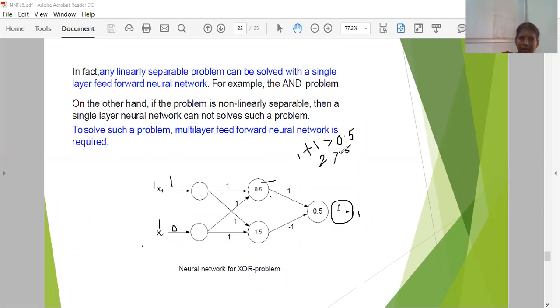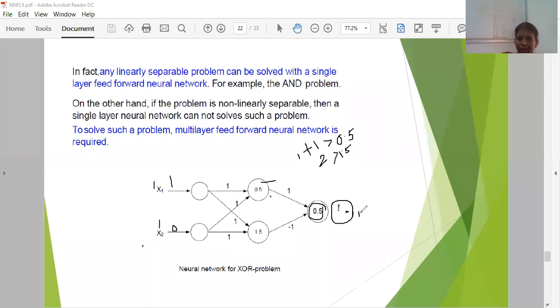2 greater than 1.5. Okay, so here again 1 into 1, you got 1 plus 2 into minus 1, we have minus 2. So 1 plus minus 2 is minus 1, which is less than 0.5.